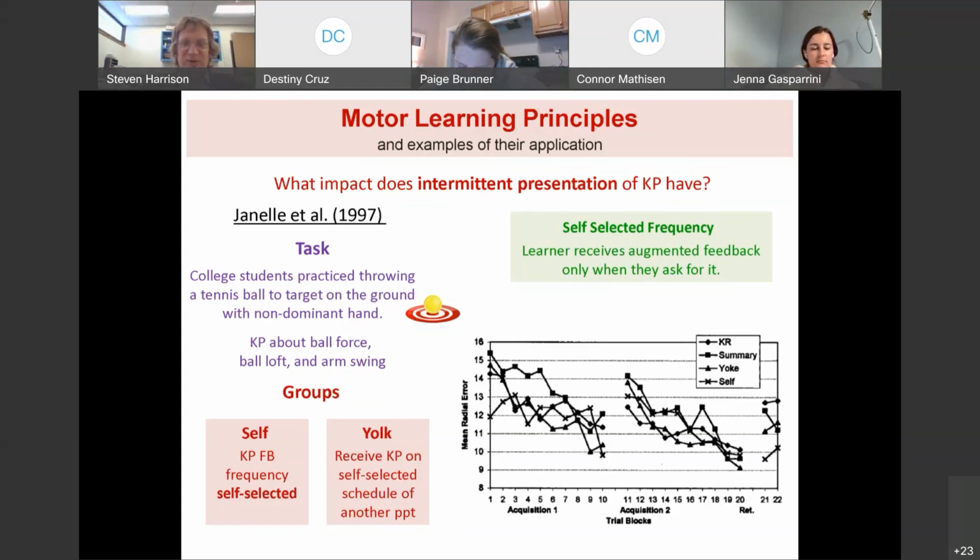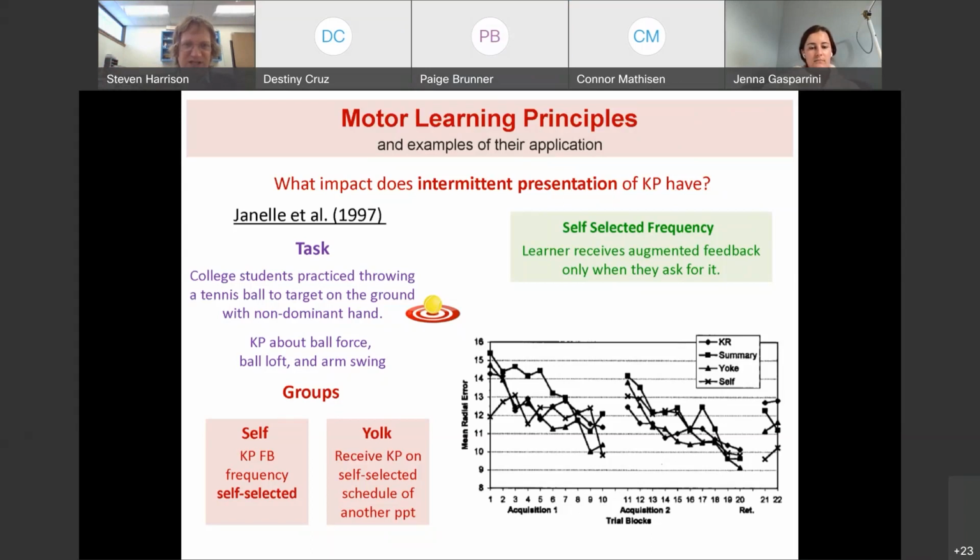We've actually got four groups here: where you're receiving knowledge of results in every trial, summary feedback, which is similar to what we were talking about on the previous slide, where you receive feedback after doing a bunch of trials, yoked feedback, where the scheduling of feedback is tied to how somebody else had asked for feedback, or the self-feedback, where you receive feedback whenever you want.